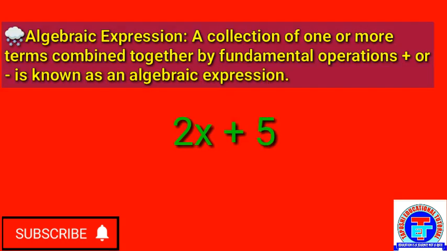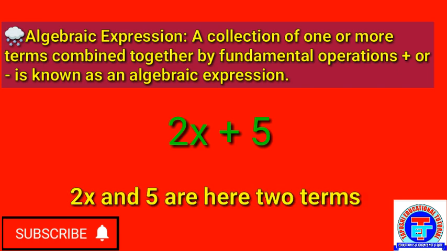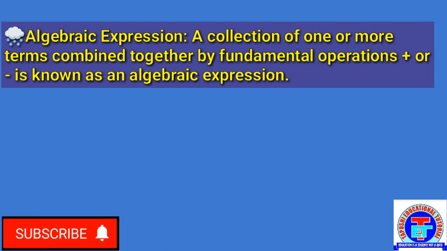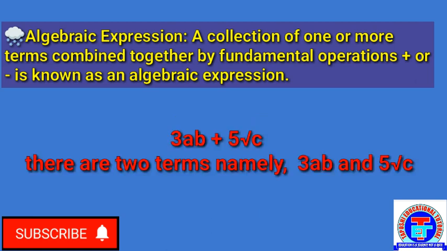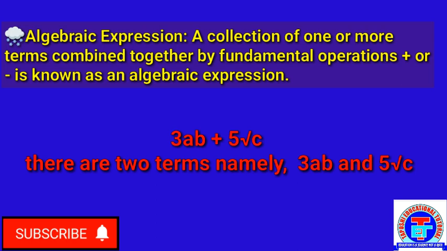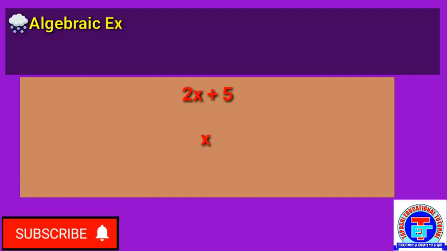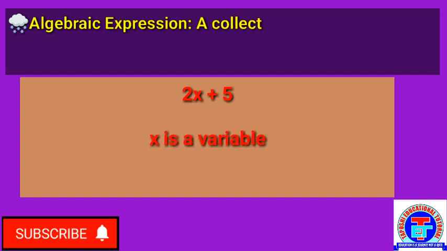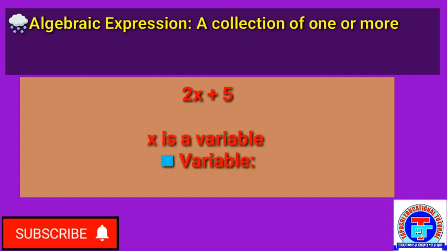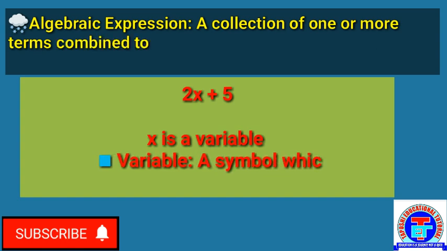Right? So, 2x and 5 are two terms. Or 3ab plus 5 root c. There are two terms, namely 3ab and 5 root c. Right. Now, here the x is a variable. Variable means a symbol which takes various numerical values is known as a variable.